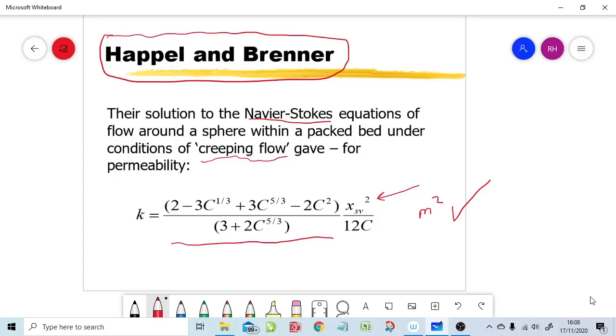And much like Stokes' settling equation, which again was a solution to the Navier-Stokes equation, I like to think of this approach as being absolutely analogous to the Stokes' settling equation. So if we measured permeability, we could actually work out the particle size of the porous media, just as if we measure settling velocities, we can work out the settling diameter of the particle.